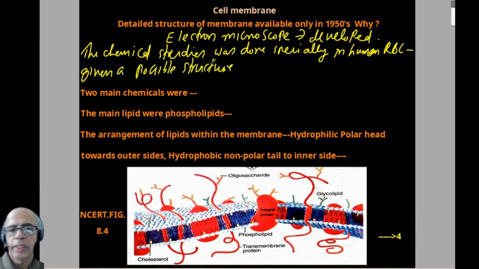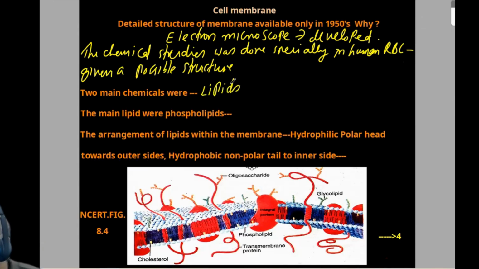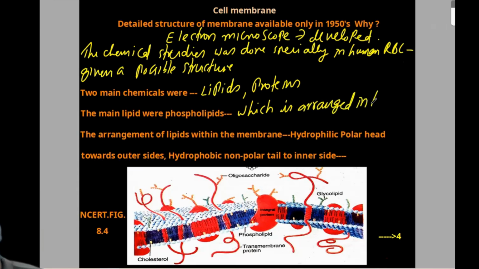So it was evolving. Now, two main chemicals connected with the cell membrane: one is lipids, the other is proteins. The main lipids were phospholipids, and they are arranged in a bilayer. So the functional aspect is the bilayer arrangement of lipids within the membrane.